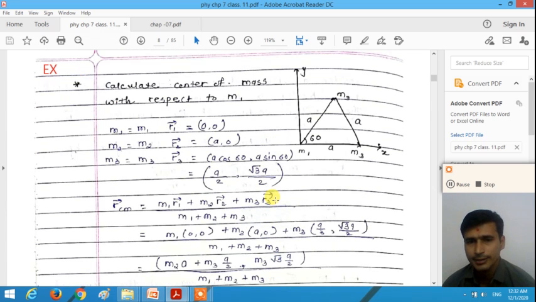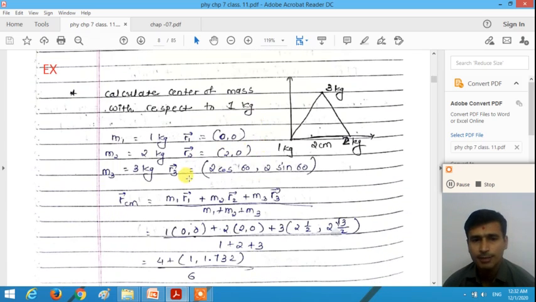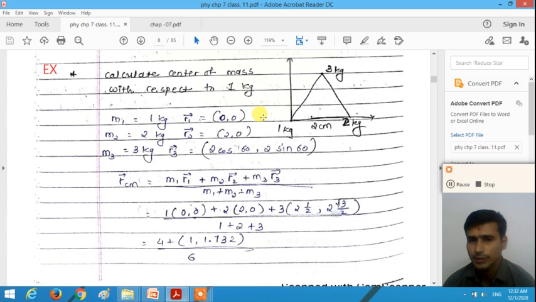You have to try the similar example given below, right? Here the masses of the objects, 1 kg, 2 kg and 3 kg, are given to you. An equilateral triangle is there, and its side is 2 centimeter, right? The same way, for m1 you take 1 kg, r1 is 0, 0.